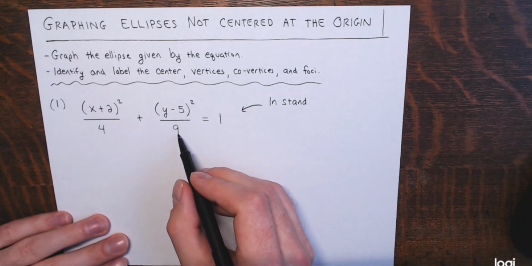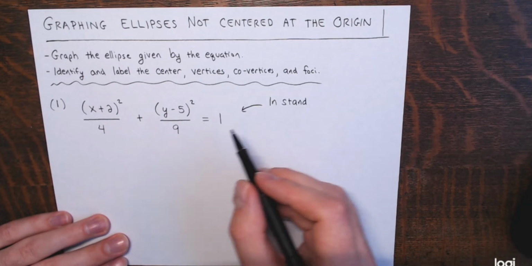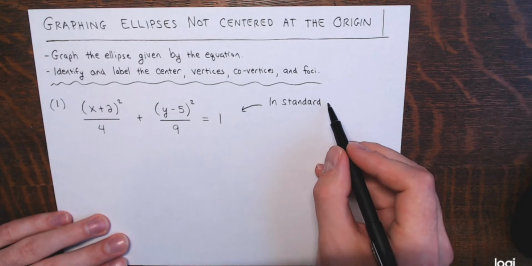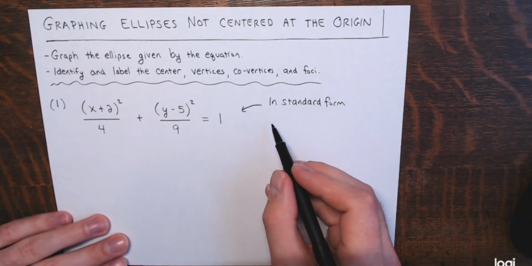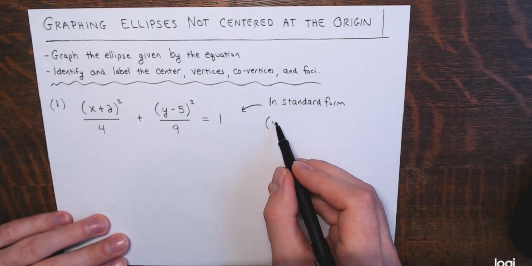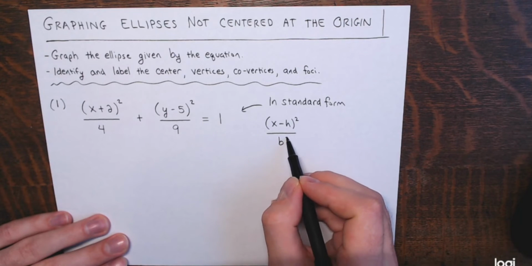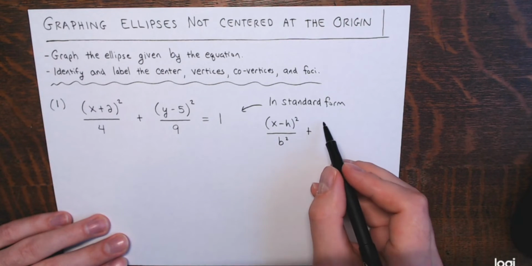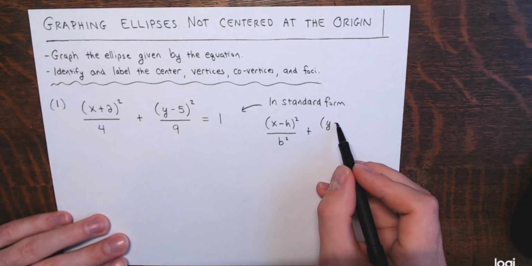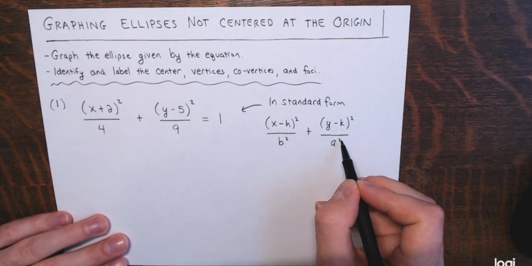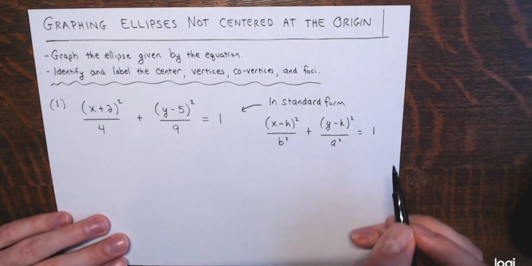Remember, a is bigger than b for these ellipses. In this standard form, we have some quantity with x minus h squared divided by b squared, plus some quantity with y minus k squared divided by a squared, equals 1.